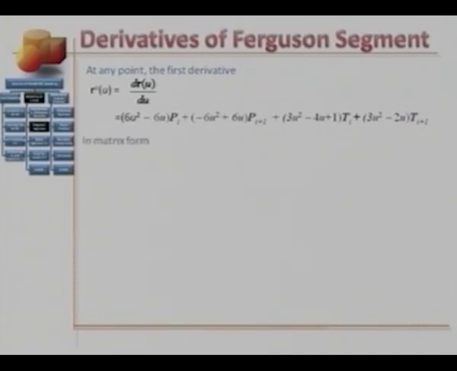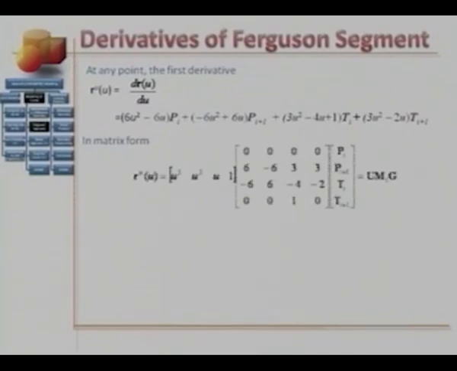In matrix form, dr by du or r super u of u is given by u cube, u squared, u, 1. The coefficient matrix will have the entries 0, 0, 0, 0, 6, minus 6, 3, 3, minus 6, 6, minus 4, minus 2, 0, 0, 1, 0.